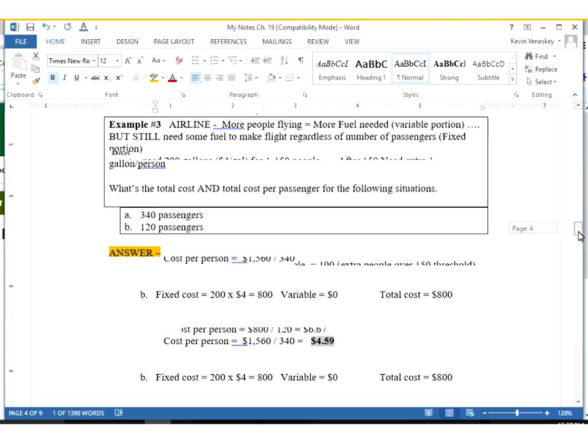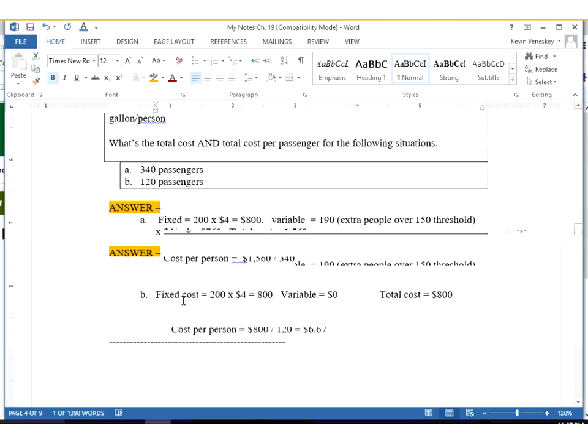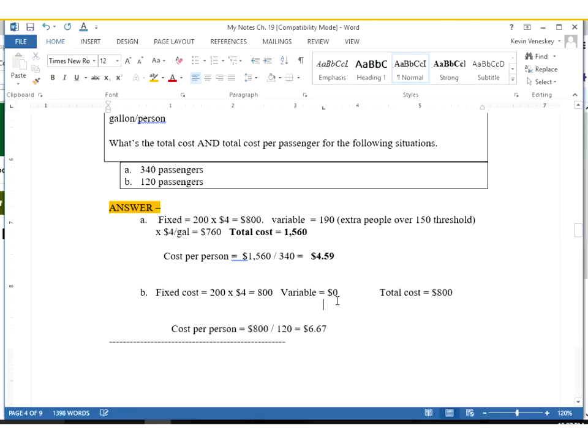Now I do the same thing for Part B. 120 passengers. I am going to have my basic fixed cost of $800. But variable, I don't have anything. I haven't even reached the 150 threshold. So all 120 passengers are going to have to cover this $800 fee.